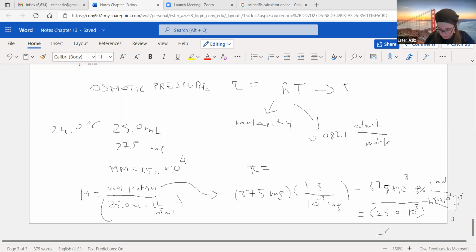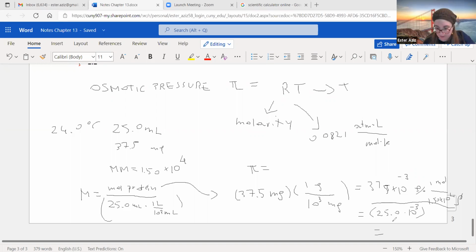When we put everything together, we're doing 37.5 times 10 to the negative 3 times 1 mole divided by 1.5 times 10 to the 4th, divided by 25 times 10 to the negative 3.